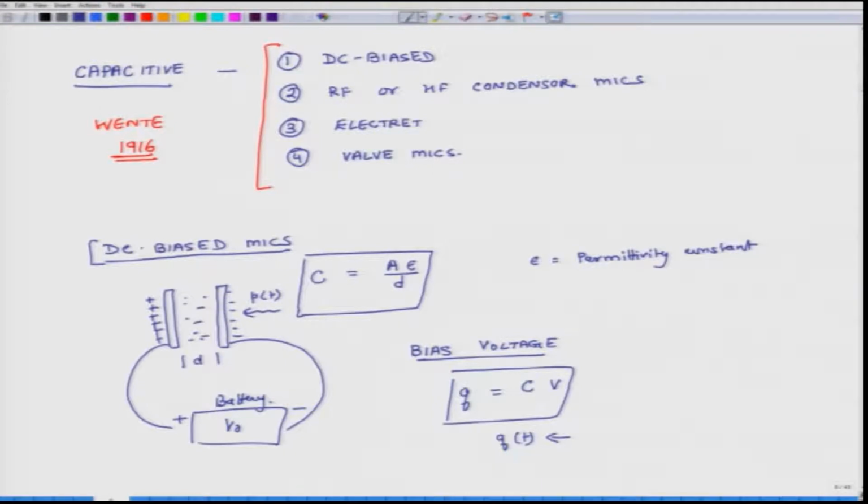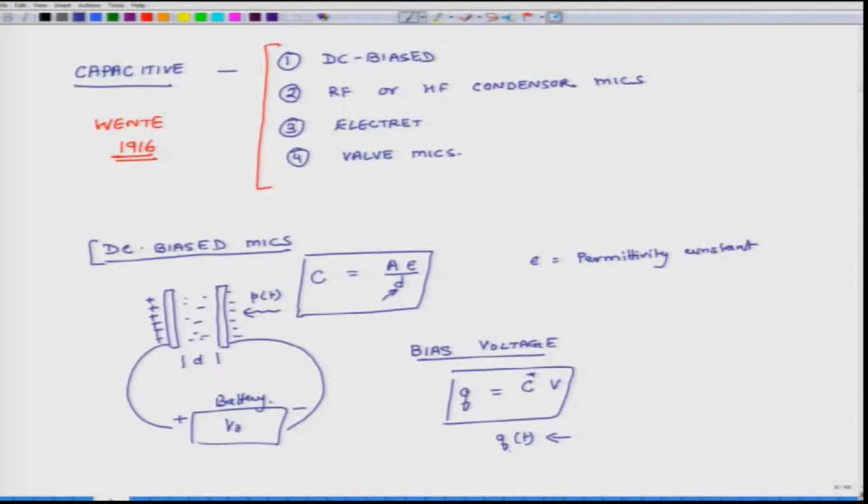If we know Q as a function of time, then I can calculate changes in C, and if I know change in C, what it will help me calculate is change in d, right. And based on some calibration methods, I know that if I apply 1 Pascal of pressure, d changes by so many millimeters. So, from that I can calculate how much pressure is changing as a function of time.